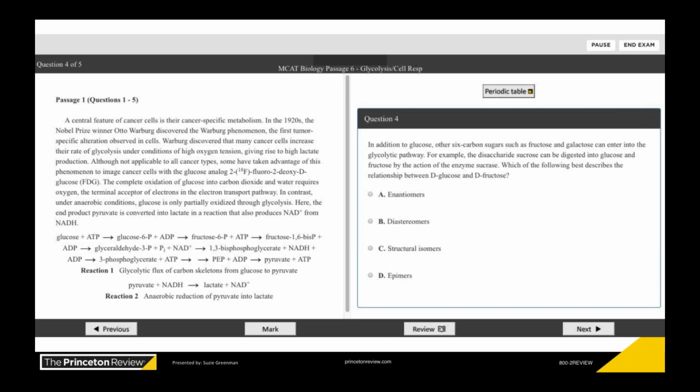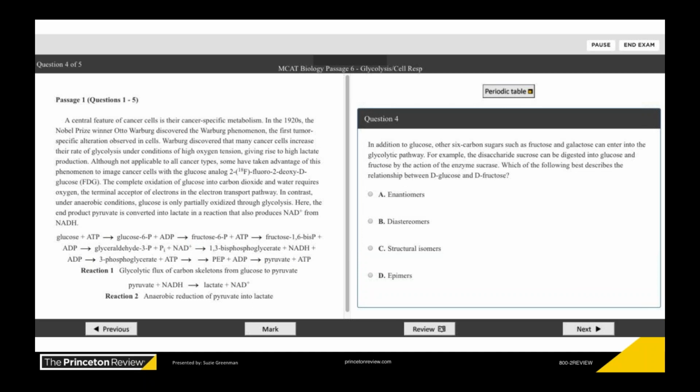So we have on the left your passage, and you would always want to scroll up or down to see if there's any figures. Here we're not given figures, we're given different reactions. I purposely chose a shorter passage so we wouldn't have to scroll up or down. You'll see that this is about cancer, that we're talking about glycolysis and oxygen consumption, oxidation, things like that.